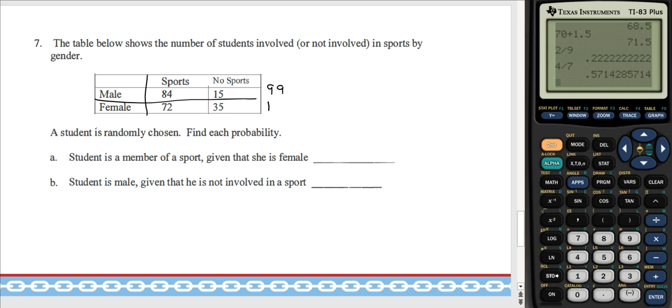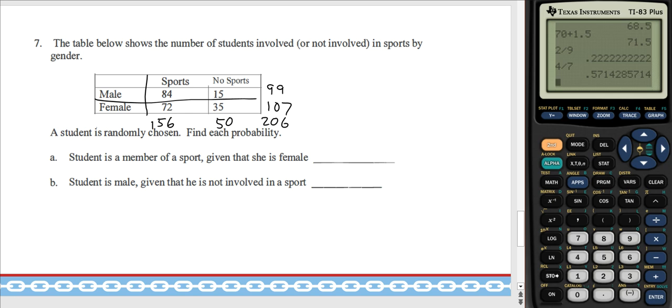So this would be 107, and this be 156 males or sports and 50 in non-sports. And then we do need a total number of people surveyed, right? So we can either add our columns or add our row sums for 206 total people.